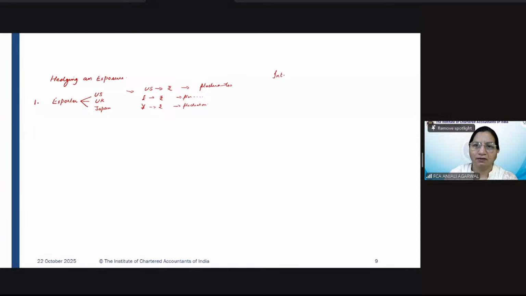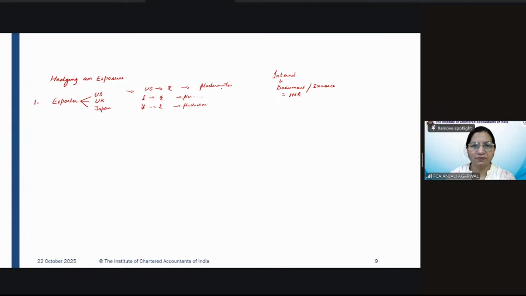Internally, if I decide that no matter wherever I export, my document or invoice currency is going to be INR.